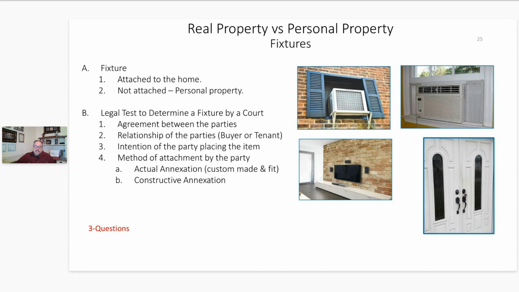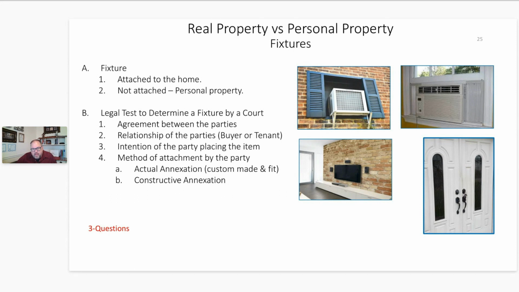I'm a tenant. Typically, if I install something that's permanent and it's going to be a fixture, I'm going to obviously get permission. And then the other thing is I'm going to absolutely make an agreement that I can take it with me. Okay, so what's my relationship with the parties? Okay, the other one is the intention of the party placing the item.